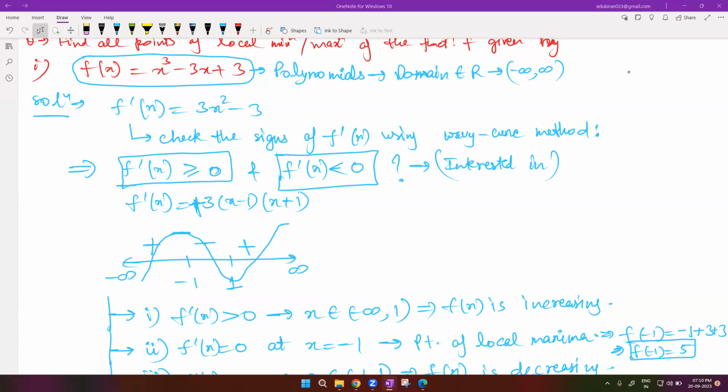This is the methodology that we are going to follow for some time now. And then we have another strategy by which we can also find out these extreme points. But first understand this thoroughly.